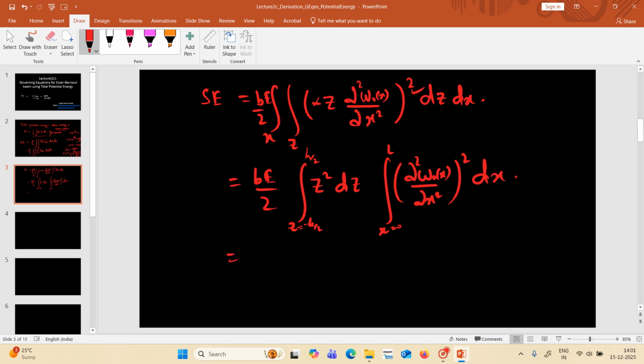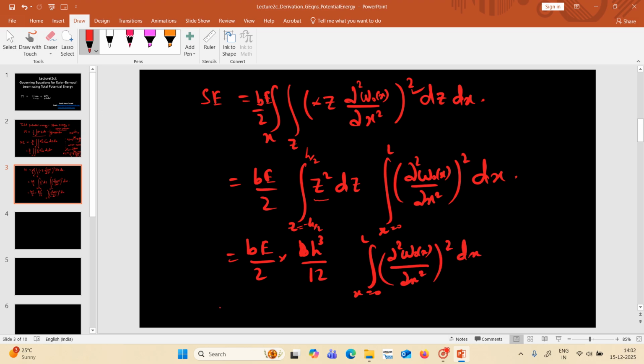If you integrate, we have seen previously that it would be z cube by 3 and then h cube by 8 plus h cube by 8, so we will finally get b by 2 into b h cube by 12. And the rest would be the integral from x equals 0 to L of del 2 w naught of x by del x square, whole square, dx.